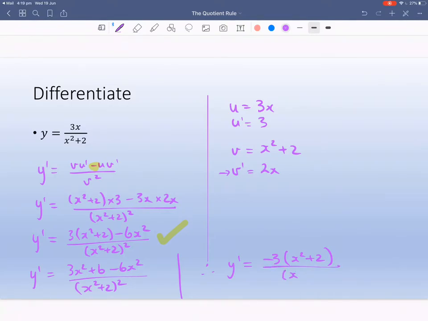So we get (x squared plus 2) squared. So we can cancel that and that out. Therefore, y dash equals minus 3 over x squared plus 2. All right, so that's the quotient rule. And remember, it's always in this form, u over v.